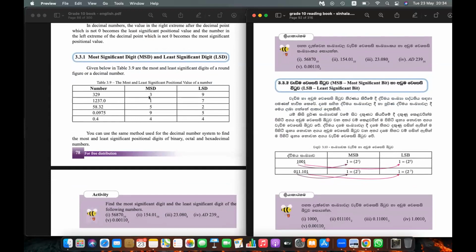In a number with 300, there are 300 in tens place. Here 9 is the least significant. In 0.975, 9 is the most significant and 5 is the least significant. 9 is actually in hundredths, and 5 is in ten-thousandths. Right? Likewise, we learned how to find out the most significant and least significant digits. That part also we have discussed.